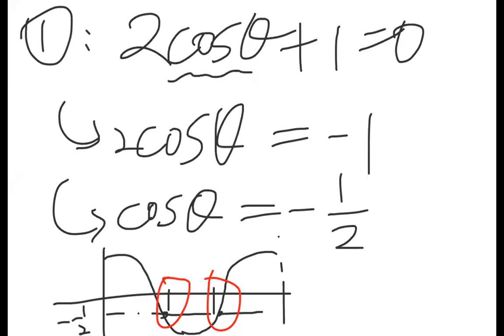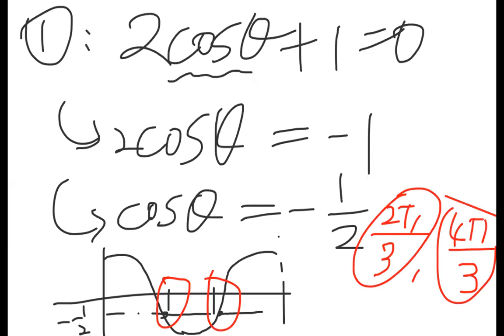So it's either 2 pi over 3 or 4 pi over 3. So these are the solutions for the equation 2 cosine theta plus 1 equal to 0.